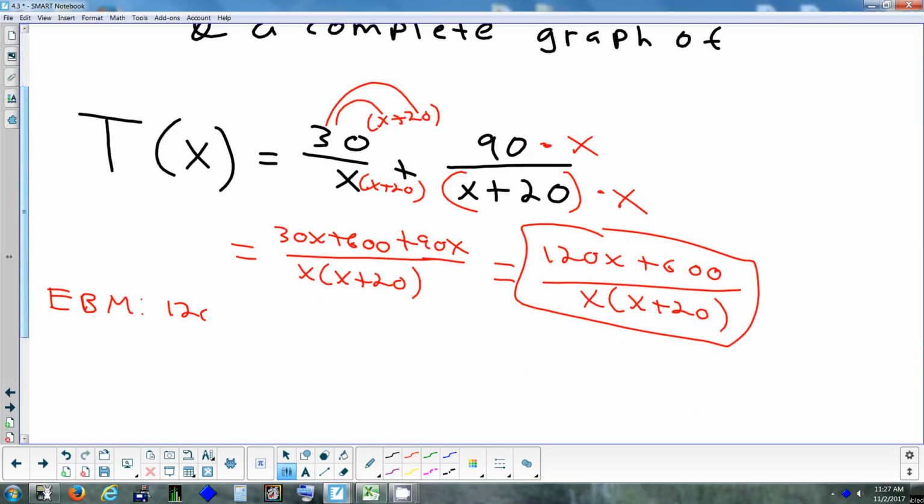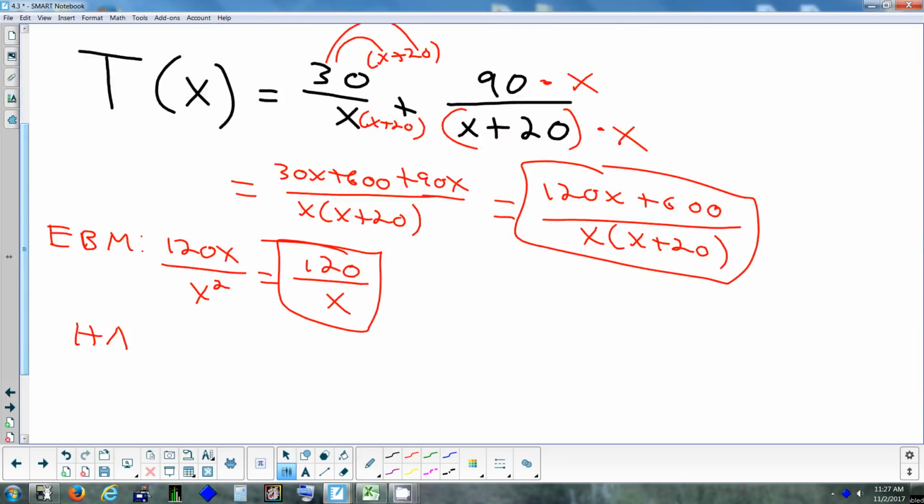It's 120x. And now be careful here because I don't have it written, but what would be the highest degree term in the bottom? x squared. If you did it out, it would be x squared. So you have an x in the top, we'll cancel one of the x's in the bottom. And that is your EBM. 120 divided by x.